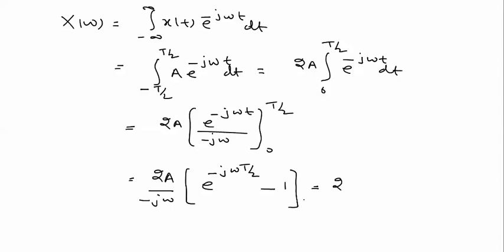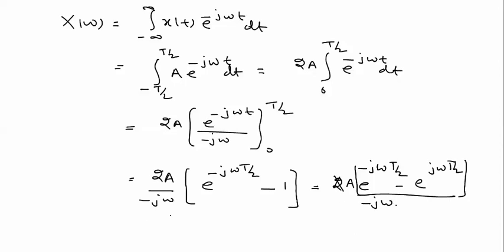We rewrite this equation in this way: 2A upon j omega, e power minus j omega T by 2 minus e power j omega T by 2, 2 is not common, minus j omega.